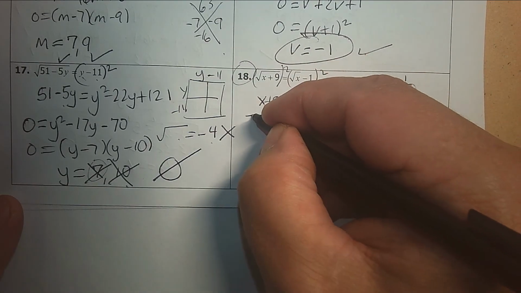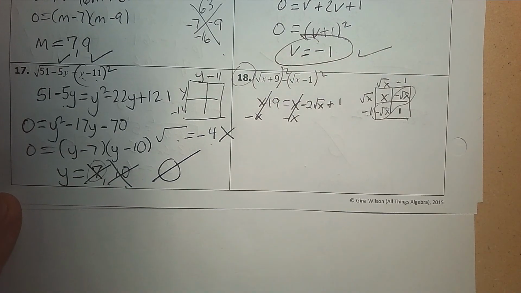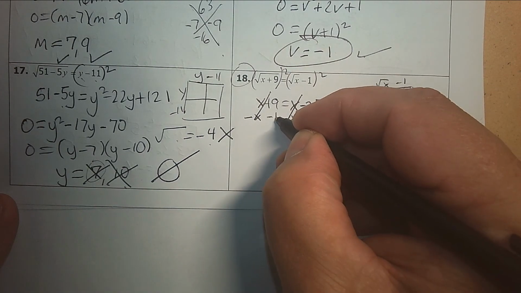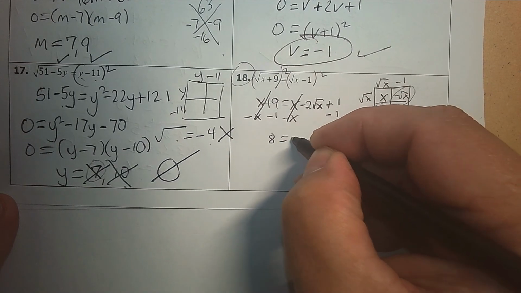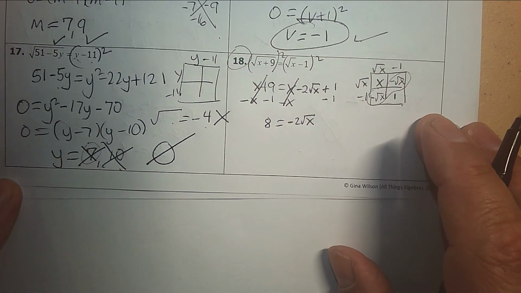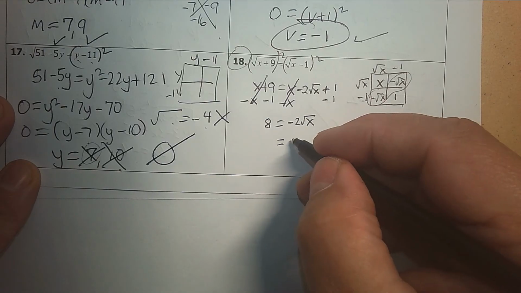Now we're going to combine like terms. What happens when I subtract x to both sides? They eliminate, right? What happens when I subtract 1 to both sides? I get 8 is equal to negative 2 root x. What would you do next? Divide by negative 2?